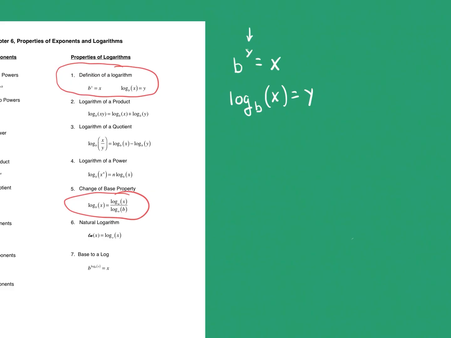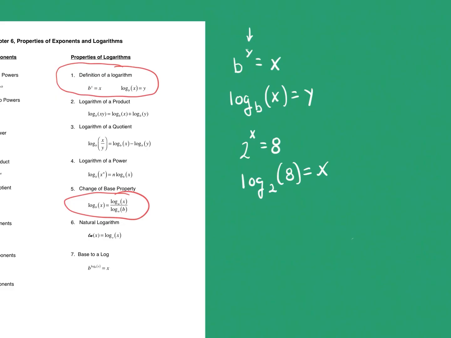So in other words, if I have 2 to the x equals 8, I can say, hey, 2 to what power would equal 8? Well, you probably know that that's going to be 3. But I could rewrite this as log base 2 of 8 equals x.